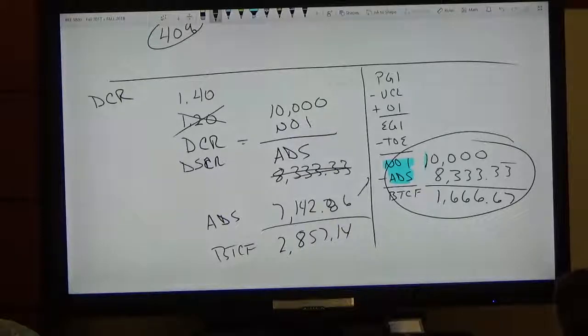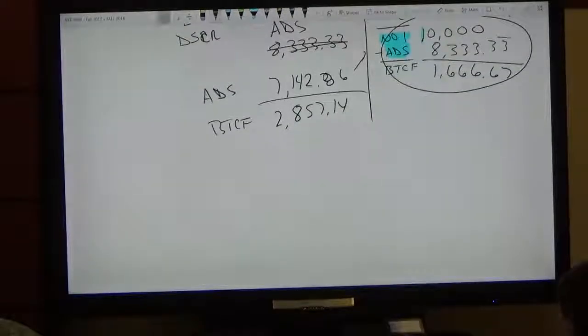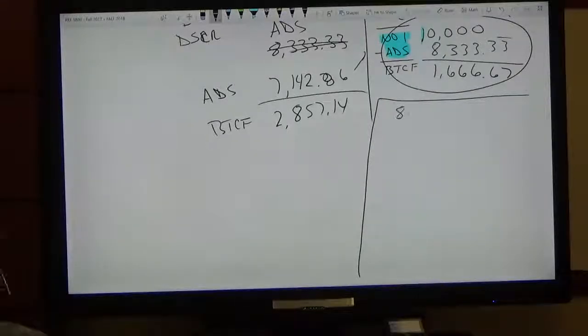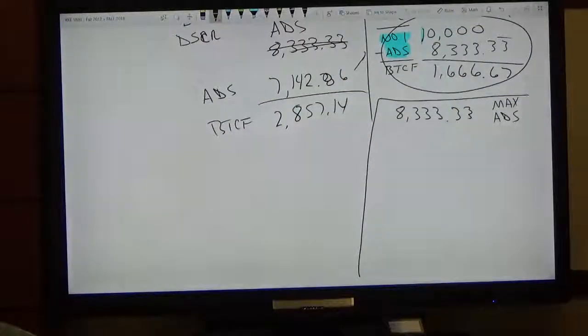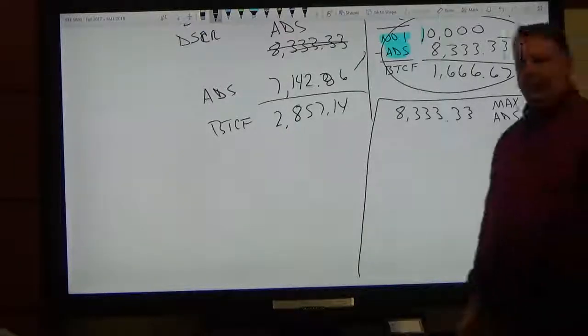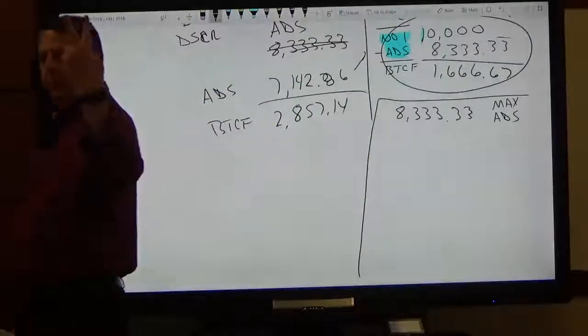Okay, all right. So let's just take this $8,333.33 as our maximum annual debt service that our lender will allow. Okay? What we want to be able to do is to say, all right, great, fine. How much of a loan are you going to give us? Well, what other variables would we need to know? Two variables.